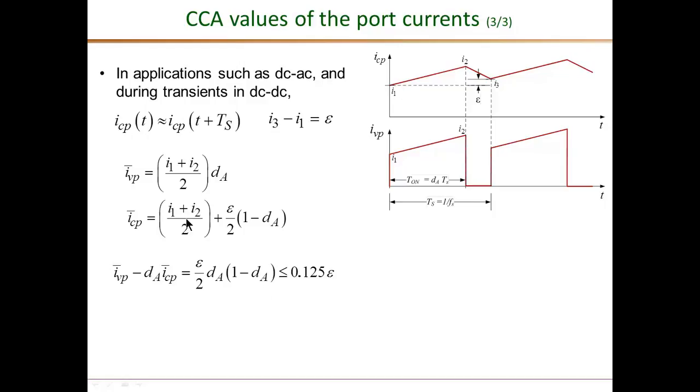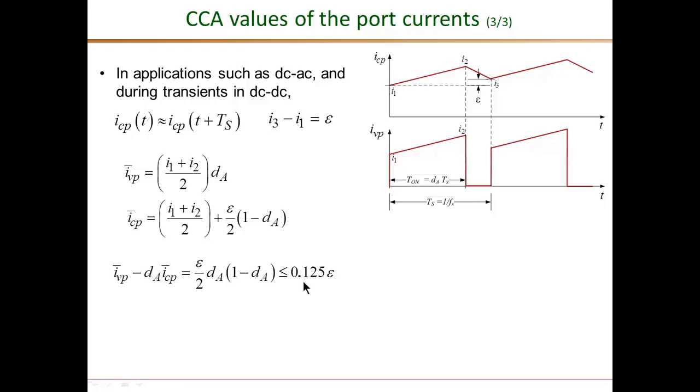So IVP minus D times ICP is this expression, and here the maximum value of D times 1 minus D is when D is 0.5, so this D times 1 minus D is 0.25. That divided by 2 gives you the error to be 0.125 times the epsilon.